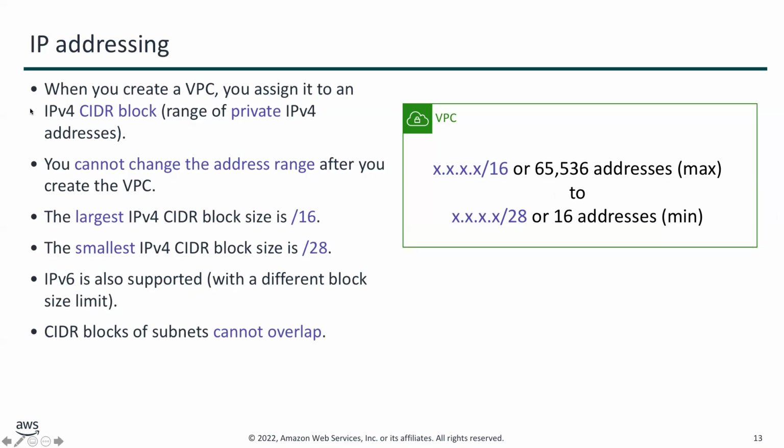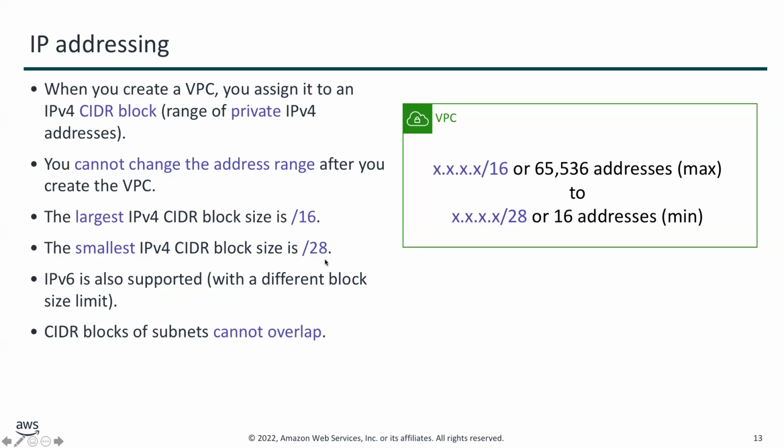So when you create a VPC, you assign it an IPv4 CIDR block, a range of private IPv4 addresses. We cannot change the address range after we create the VPC. The largest is a /16 CIDR block, which is 65,536 addresses, and the minimum is /28.